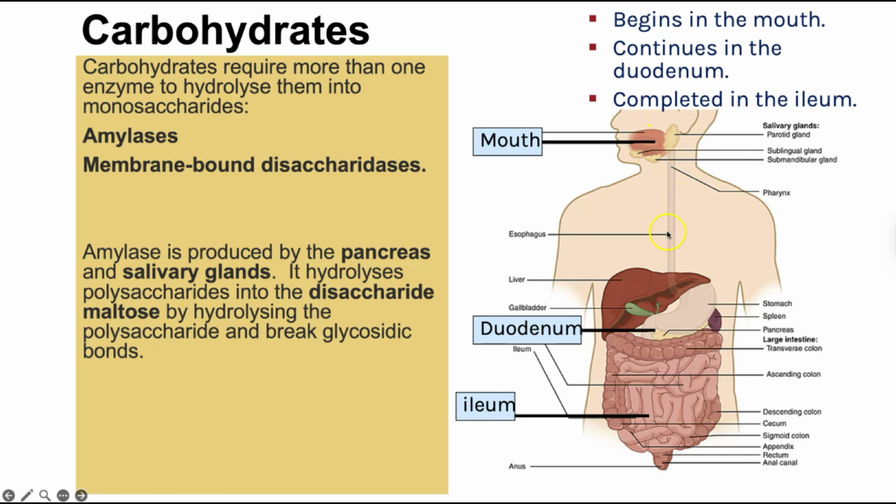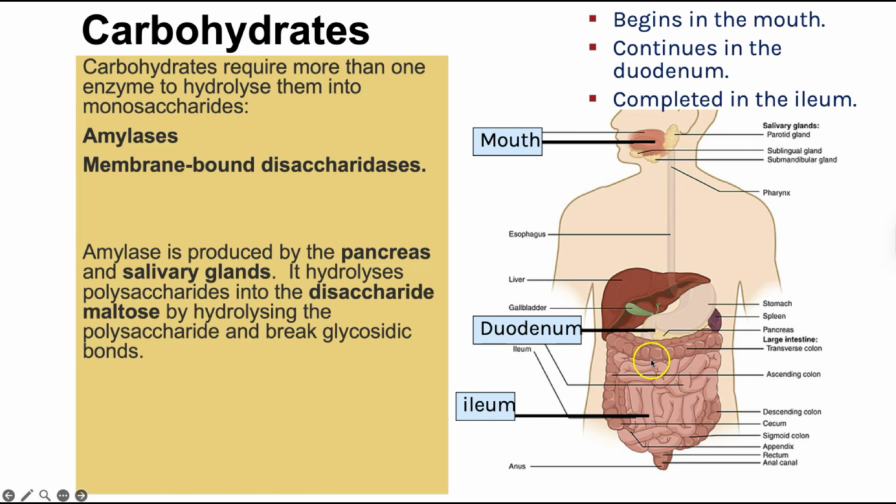That will then be swallowed, goes into the stomach. The stomach acid will denature that amylase, and that is why the pancreas then releases more amylase into the very top part of the small intestines known as the duodenum, and you do have to say the duodenum to get the mark. And because we've now got more amylase being released there, any remaining starch can continue to be digested.